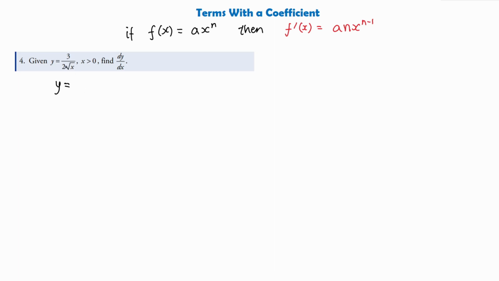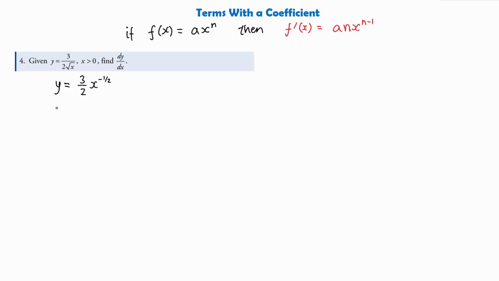Well, as we can see, this is the same as 3 over 2 multiplied by x to the negative a half, because this is the same as 3 over 2x to the half, which is the same as 3 over 2 times 1 over x to the half, which is the same as 3 over 2 times x to the negative half. So this is us preparing to differentiate.